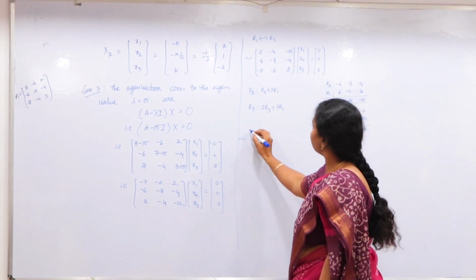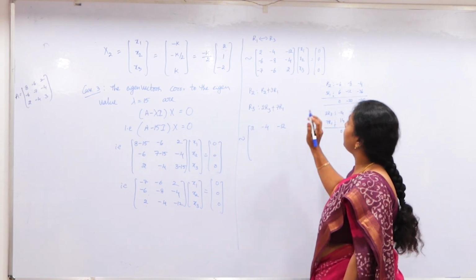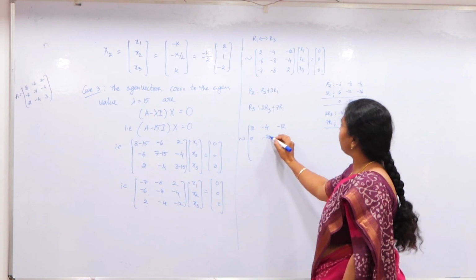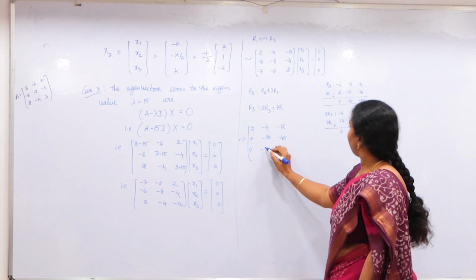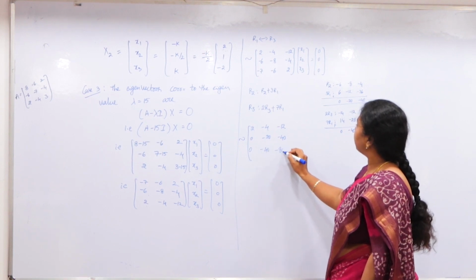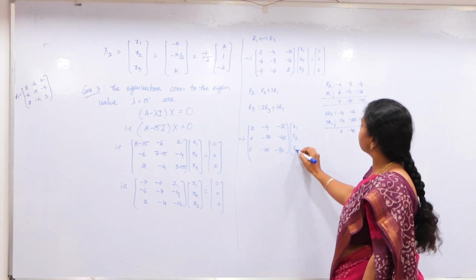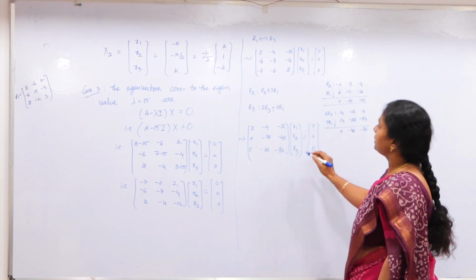So, replace the values in this matrix. 2, minus 4, minus 12. Next, second row becomes 0, minus 20, minus 40. Third row becomes 0, minus 40, minus 80, into scalar matrix x1, x2, x3 equal to null matrix 0, 0, 0.